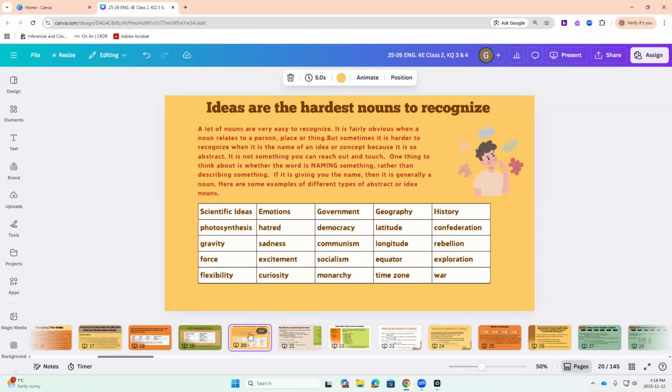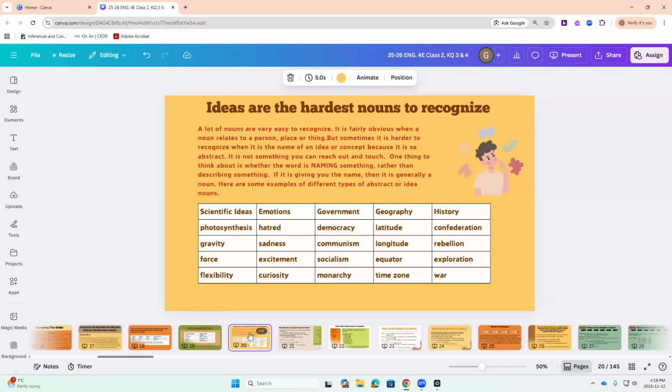One thing to think about is: is the word basically naming a thing rather than describing it or explaining an action? If it's giving you the name of a concept, an idea, an emotion, it's generally a noun. So here are some examples. Some scientific ideas, things like photosynthesis, gravity, force, flexibility, those are all nouns.